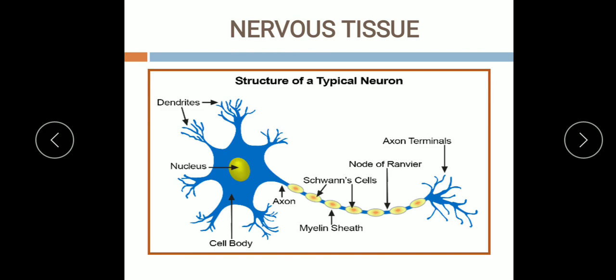So understood children? All the four types of animal tissues we have covered. Epithelial tissue, its types, all the 5 types are there. Then the next is the muscular tissue, 3 types: striated, unstriated and cardiac muscles. Connective tissue, again it is of 3 types: connective tissue proper, supportive connective tissue, fluid connective tissue, and the last is nervous tissue.